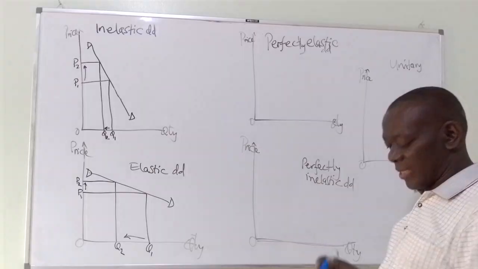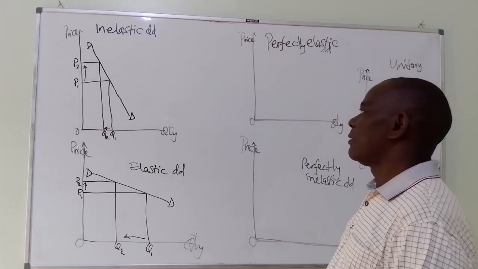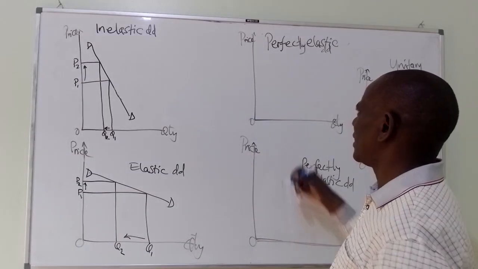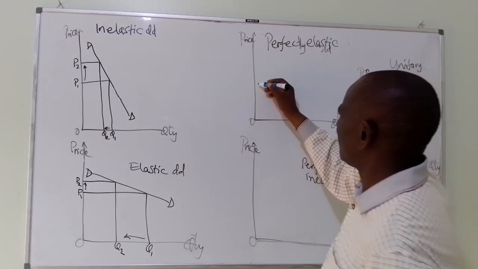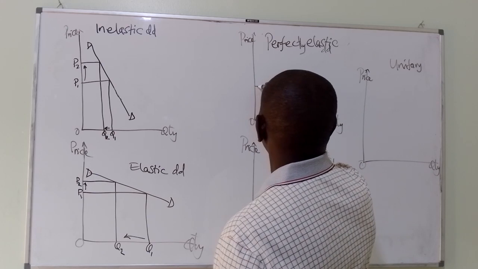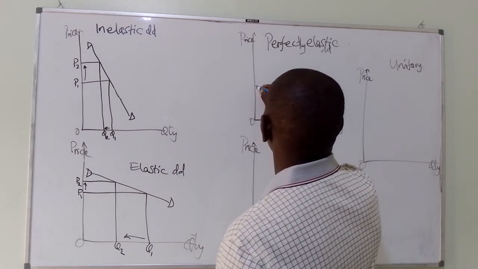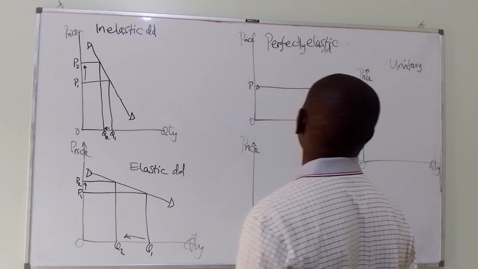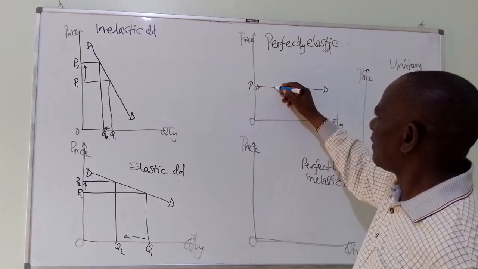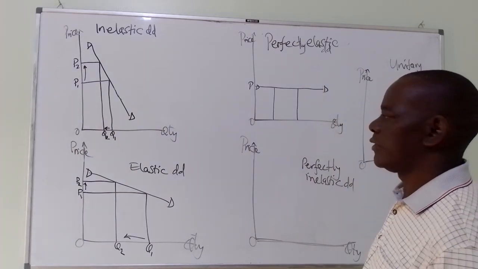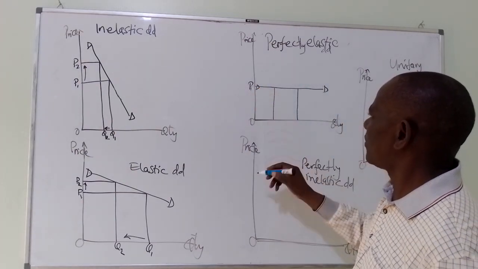When the figure is infinite, one student was asking, what is infinite? When it is too big, extremely big, endless, that is infinite. This one is horizontal, that is the demand curve, which is P. It is horizontal, the price remains the same. It does not change. The price is the same, P1.